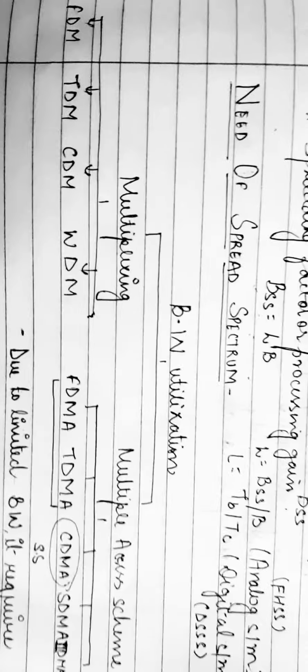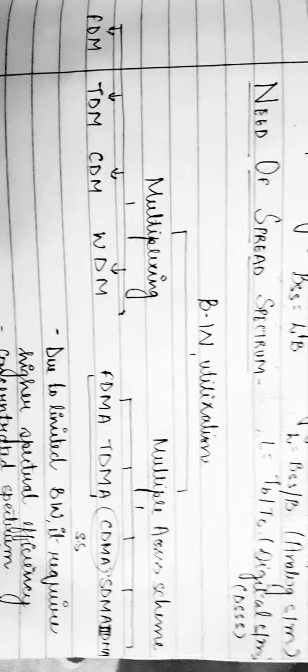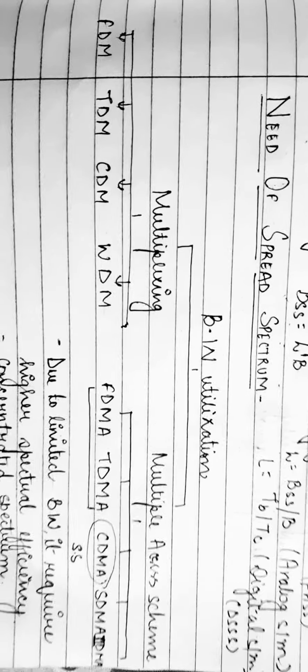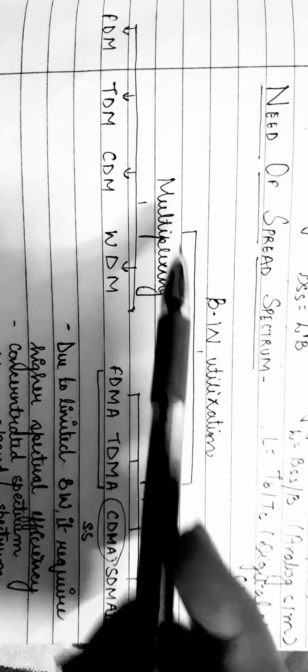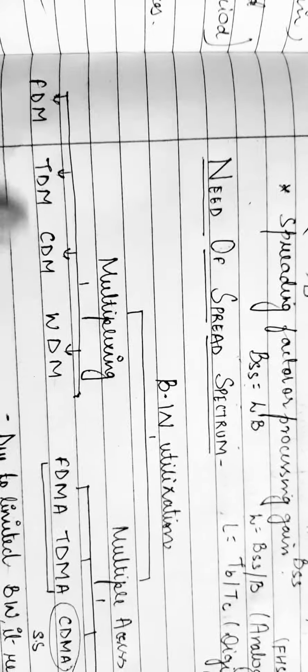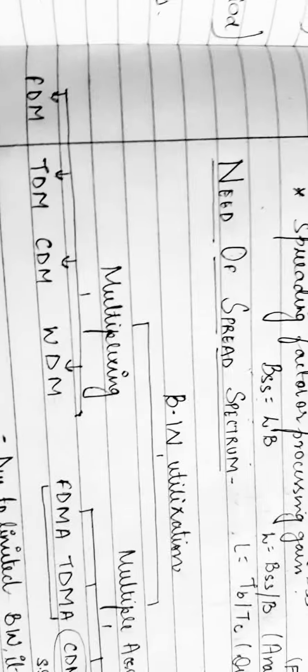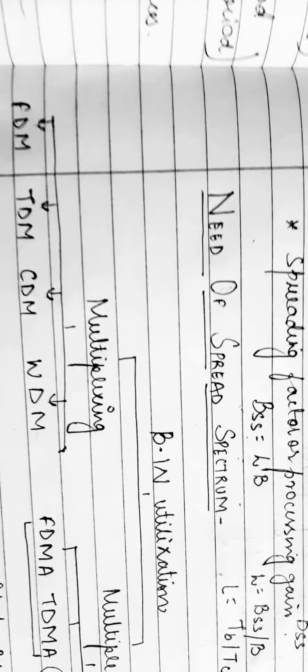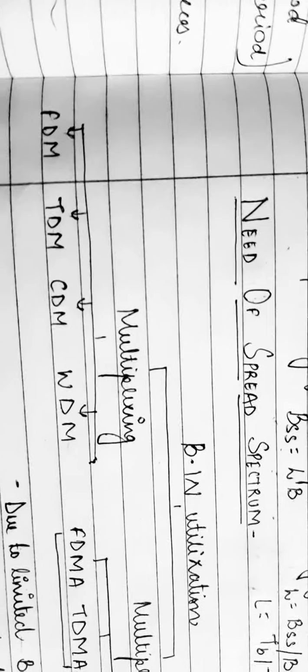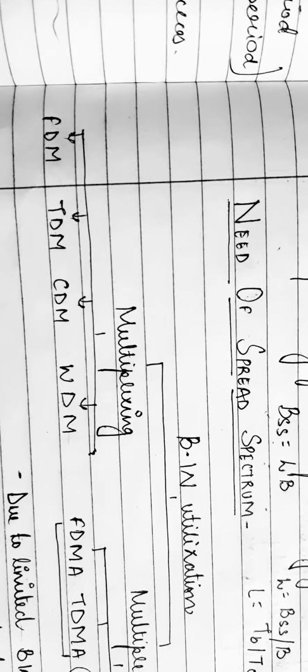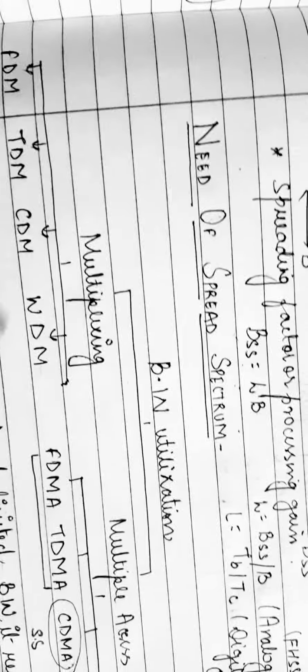So coming now to the need of spread spectrum. Now the question arises, why do we need spread spectrum? Here we can see that bandwidth utilization is divided into two categories, that is multiplexing and multiple access schemes. The multiplexing is further categorized into four: FDM, TDM, CDM and WDM, that is frequency division multiplexing, time division multiplexing, code division multiplexing and wavelength division multiplexing.